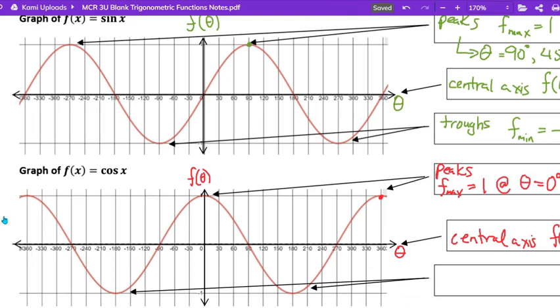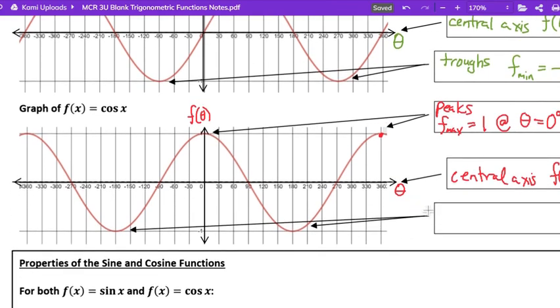And then the troughs have a value, f min, of -1, and that happens when theta equals 180. Another one could be -180, right? And every 360 degrees, that trough repeats.